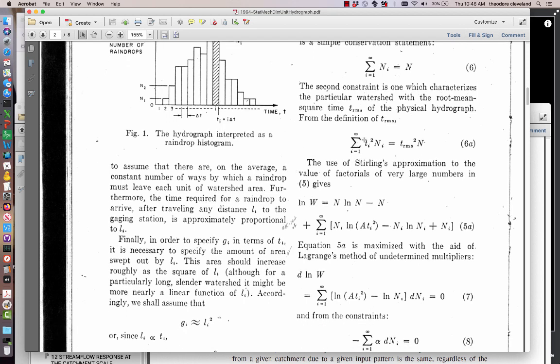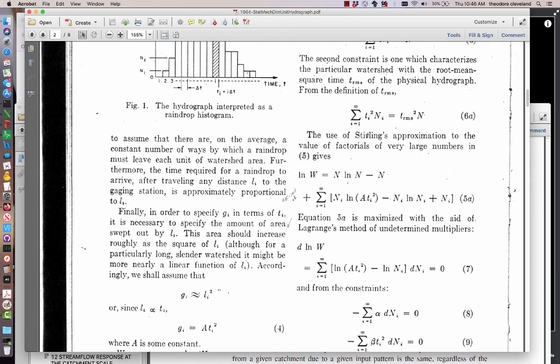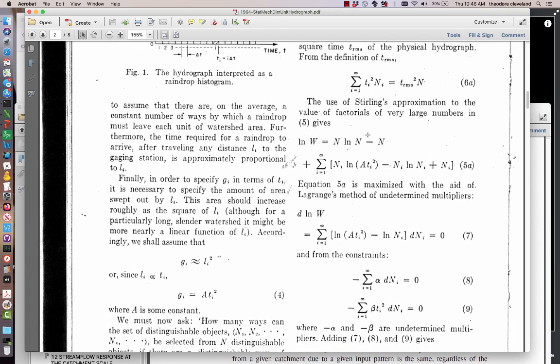Continues on, notices that we need to invoke the law of large numbers. They chose Stirling's approximation to factorials because factorials appear in the denominator of the end function. Key message of that is factorials implies convolution.